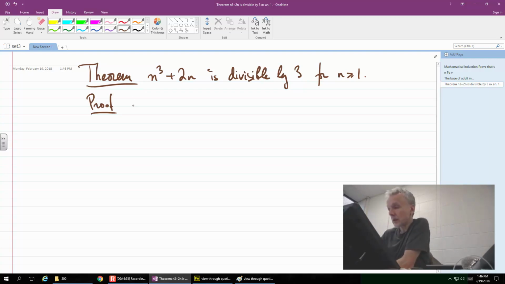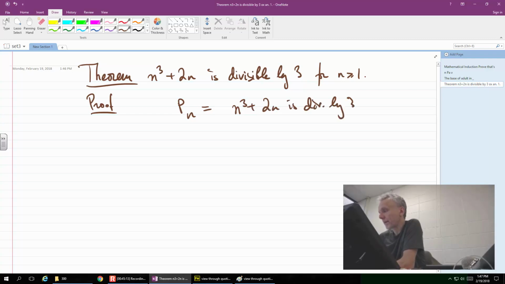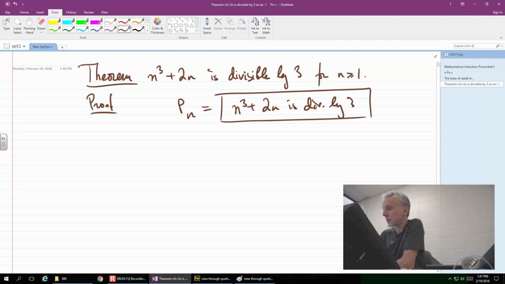So base, you can write out if you like. Let me write what Pn is. Sometimes it helps to write these. So Pn is that statement, n cubed plus 2n is divisible by 3. So that's my statement.